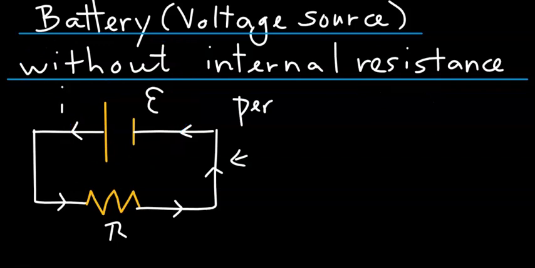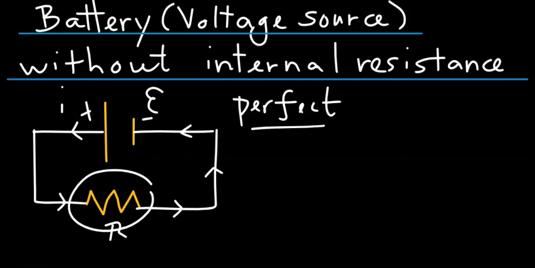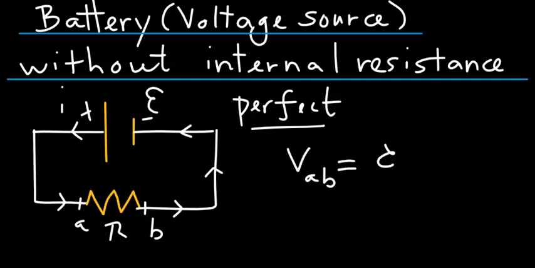For such a perfect battery or voltage source, the voltage provided by this battery to this resistor between the two ends of this resistor, let's call those two ends points A and B, equals the EMF of the battery itself.